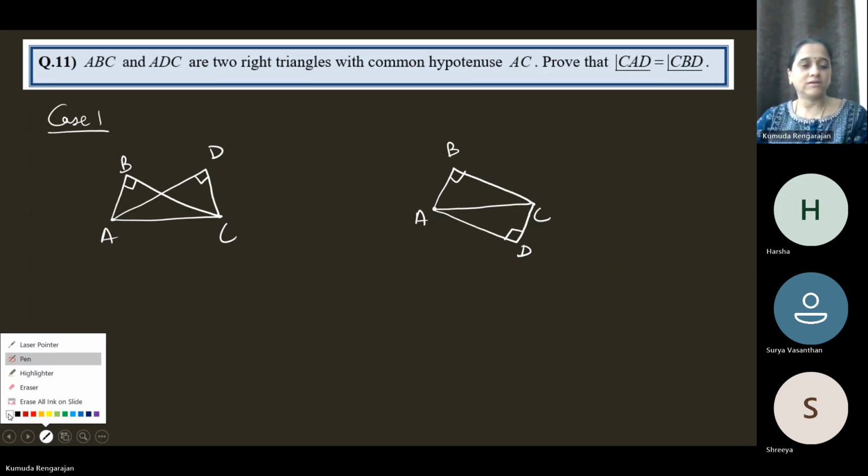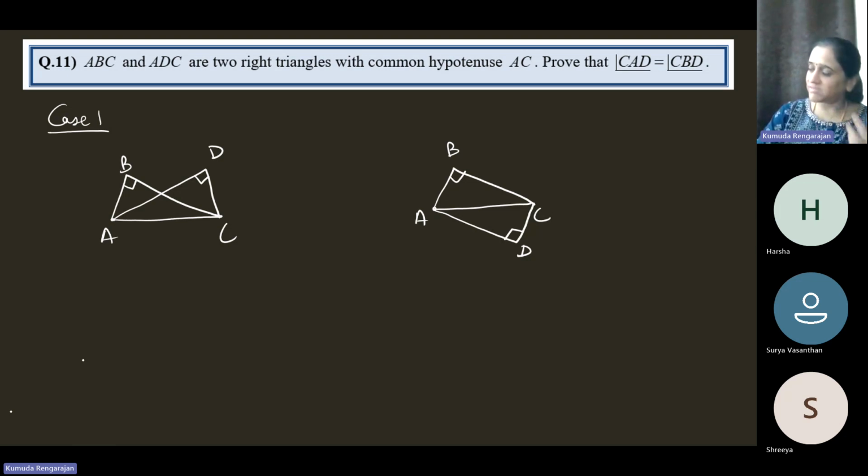Case one: the two right triangles lie on the same side of the hypotenuse. Same side can be above or below. They're not two different things.